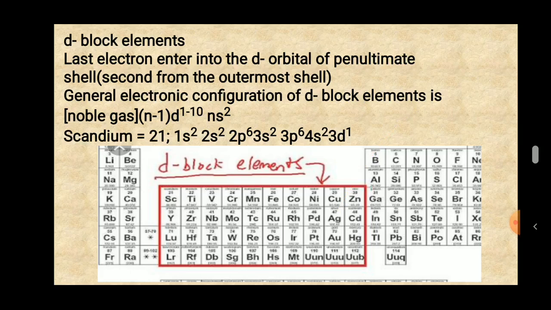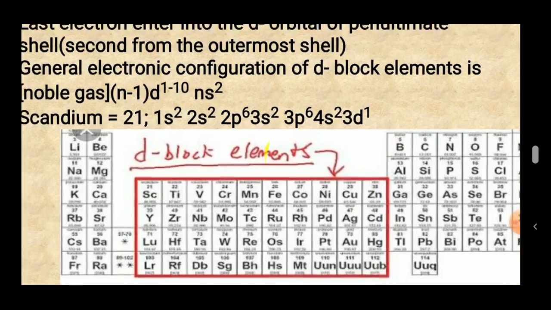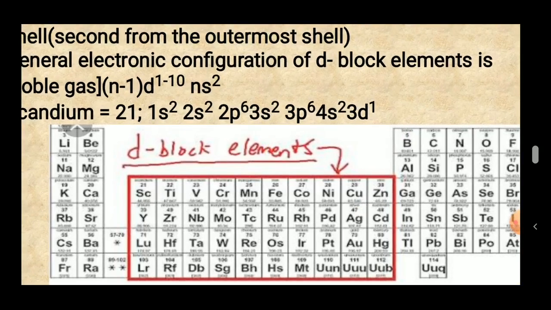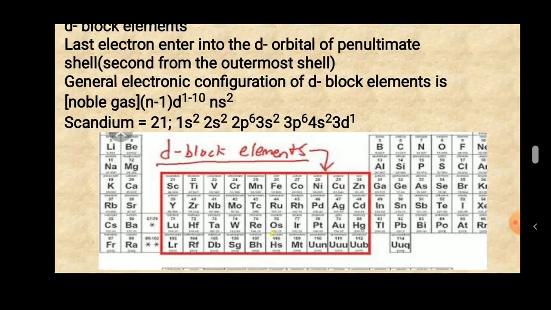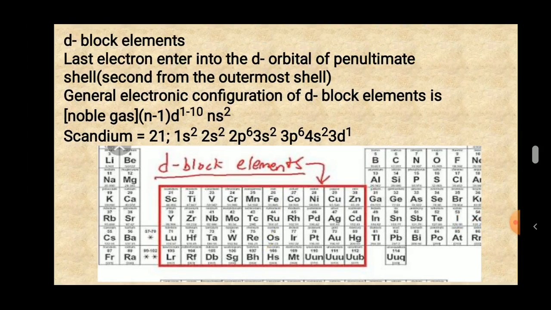Now you can see d block elements start from scandium, atomic number 21: scandium, titanium, vanadium, chromium, manganese, iron, cobalt, nickel, copper, zinc. With the red marker, the d block elements are marked. The scandium electronic configuration is written here: 1s2, 2s2, 2p6, 3s2, 3p6, 4s2, 3d1.